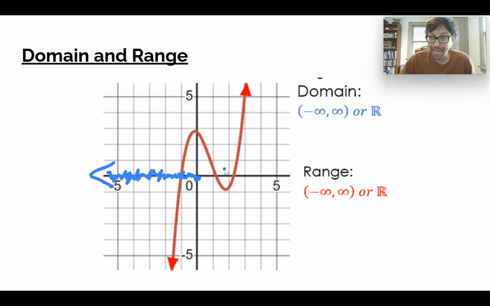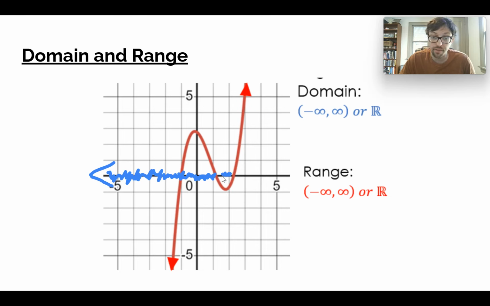And I can apply that same idea in the other direction. Right here at 1, I can tell that there's an output for our function, so I can put in 1. Here at +2, I know that that is a good input value for my function because there's graph below it.